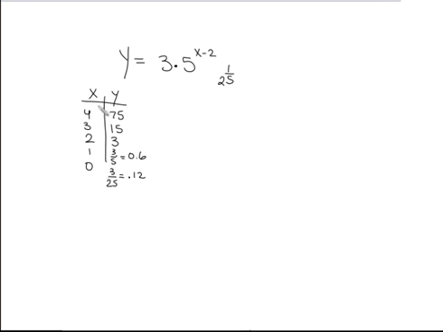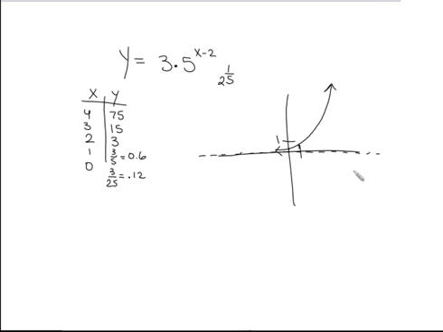These are large numbers, but you get the idea, and you would have an asymptote of y equals 0, and you'd be at 1, 0.6, 0, 0.12. You'd be sitting in here, and you'd get something that looks like this. And you would see that exponential growth curve in the same way.